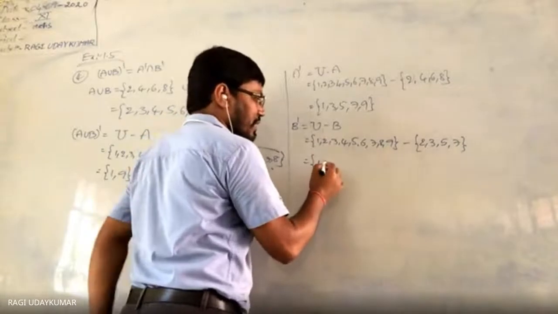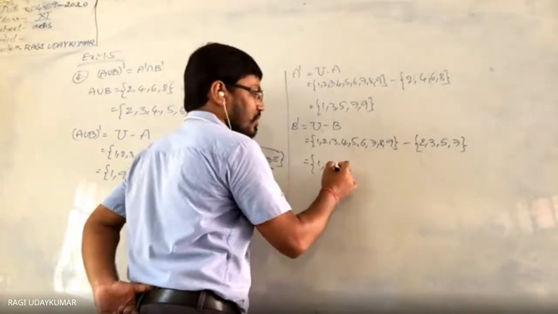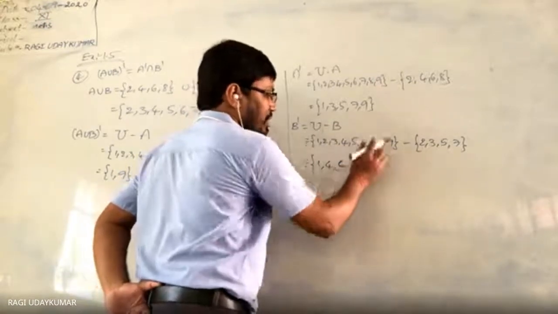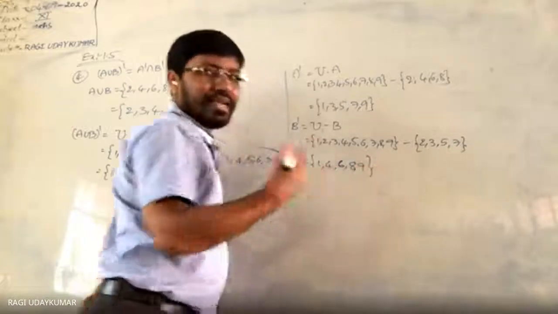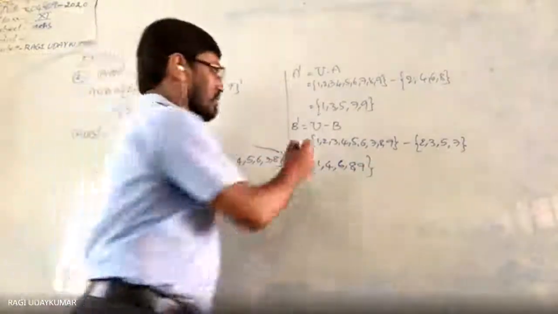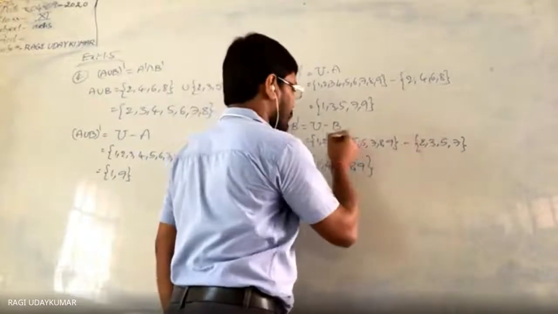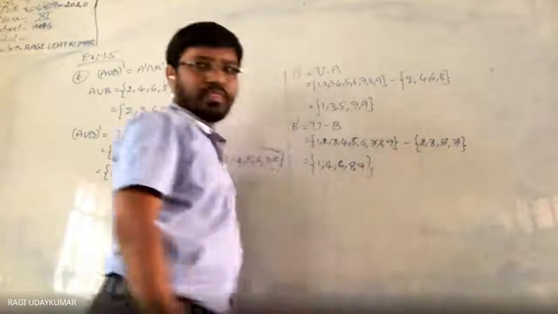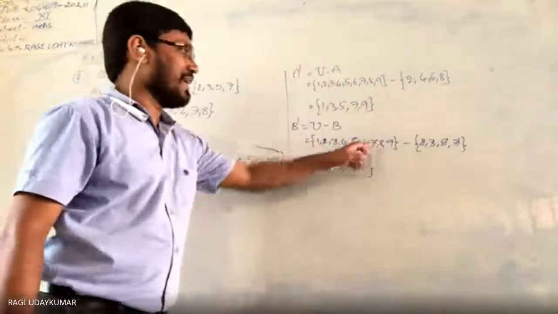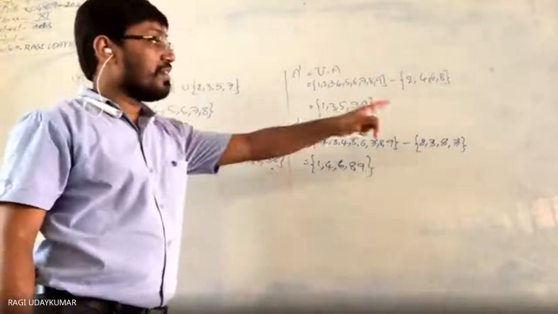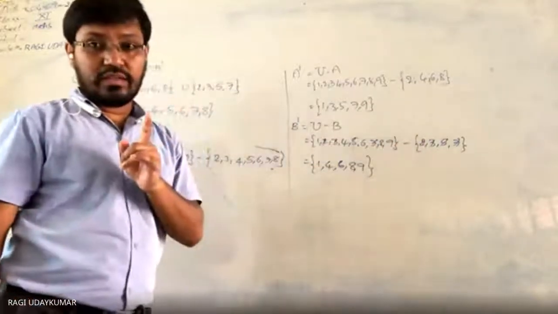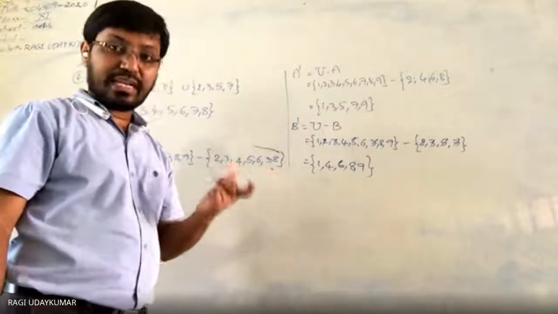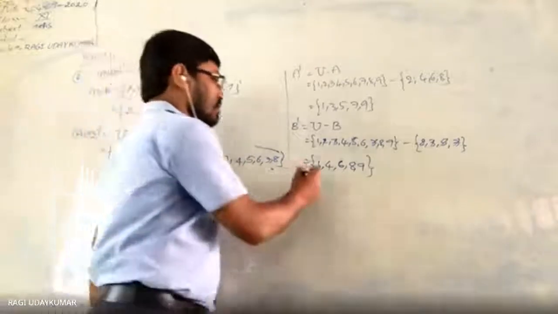An easy method to avoid confusion: cancel 2, 3, 5, 7 and write everything else that remains. Do remember this: whenever minus is there, write only what remains from the first set. So this is the set.